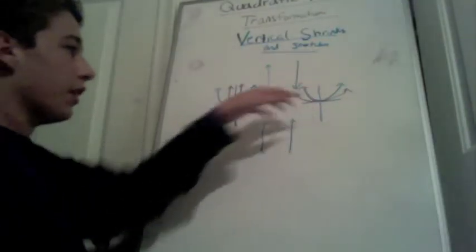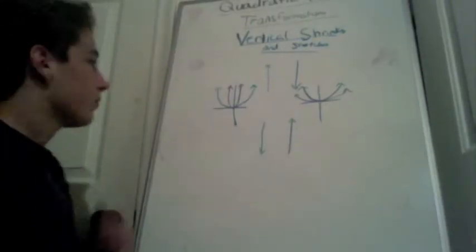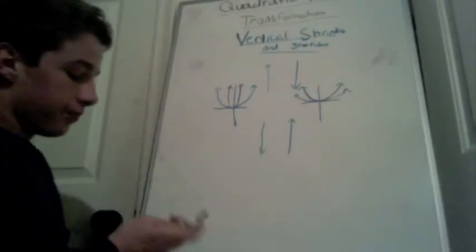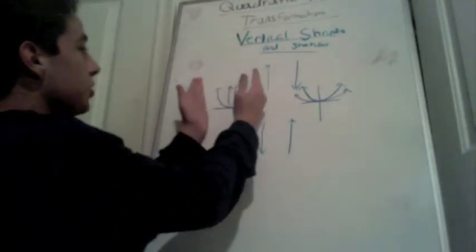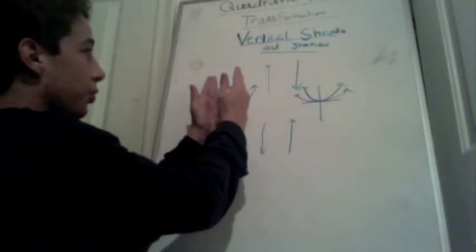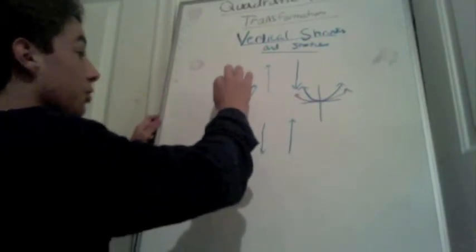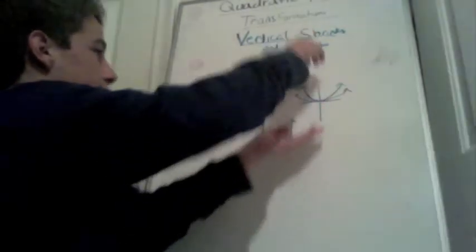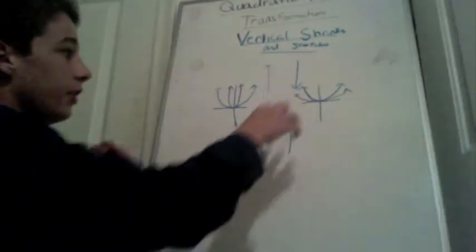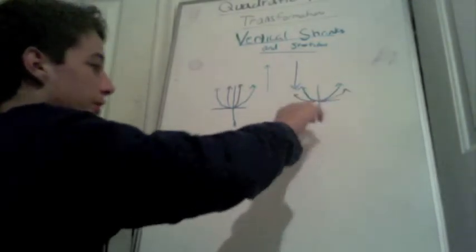It's like you're pushing the graph downward and it's forcing it to spread out. On vertical stretches, you're pushing it together, which makes the parabola more vertical. Or you're pushing down here, and it's making the parabola go out that way.